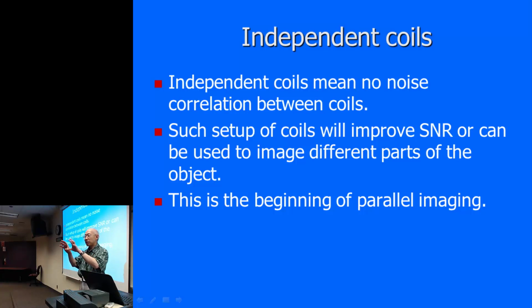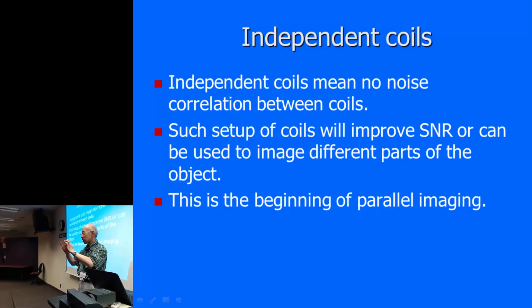Now you have one thing to worry about. If I have two coils close to each other, what's going to happen? From the physics or engineering background, these two coils are going to have mutual inductance. The mutual inductance simply means that if I have current in this coil, I'm going to induce some currents in this coil.